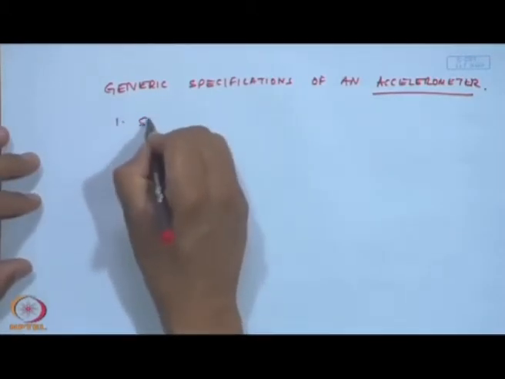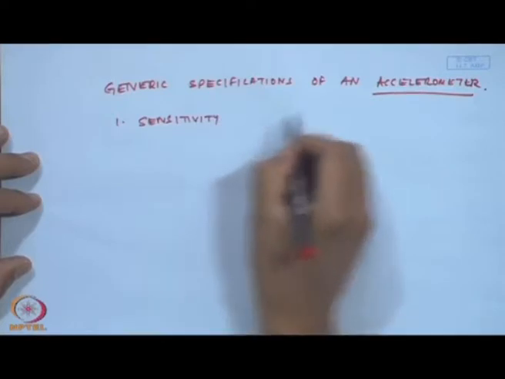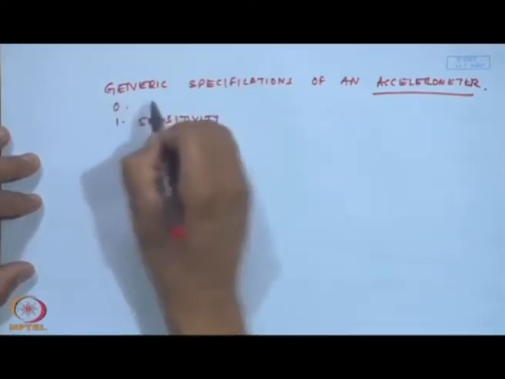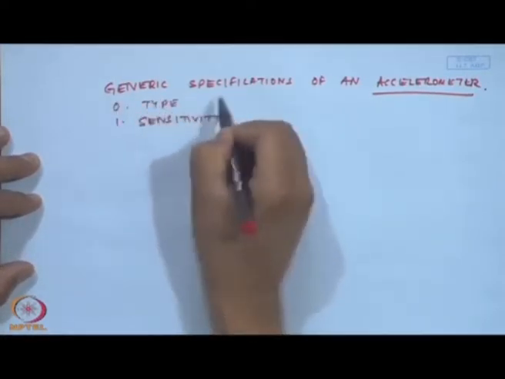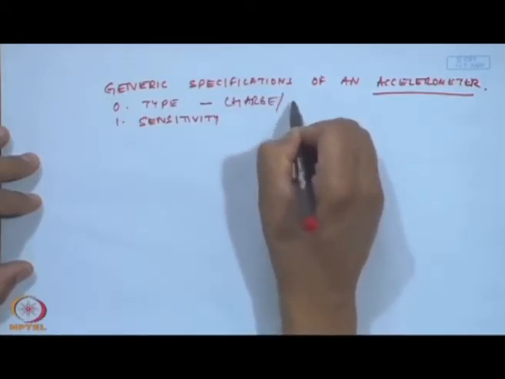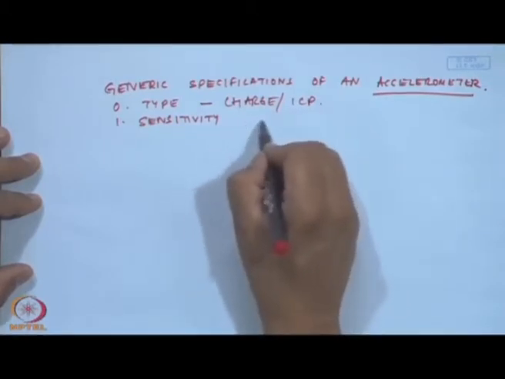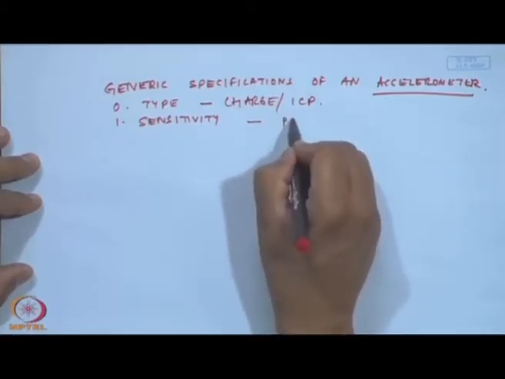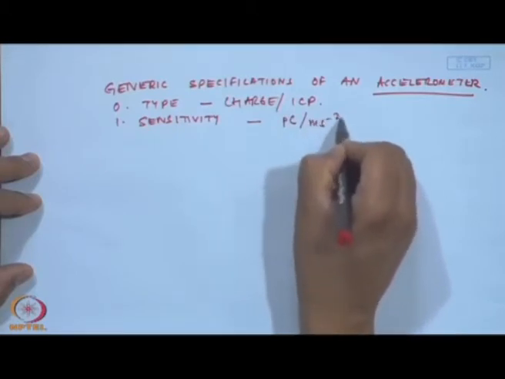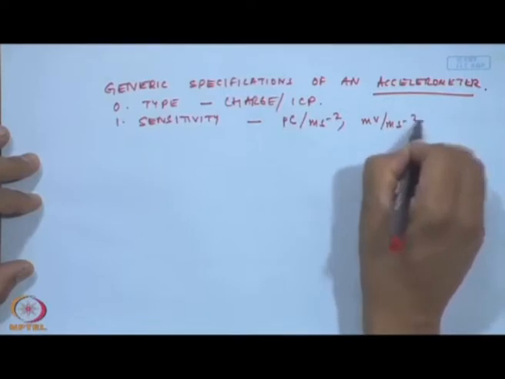One, of course, is sensitivity, and before that, the type of accelerometer. By type, I mean whether it is charge or ICP type, where the electronics is inside. By sensitivity, it could be in picocoulomb per meter per second square if it is the charge type, or millivolts per meter per second square.